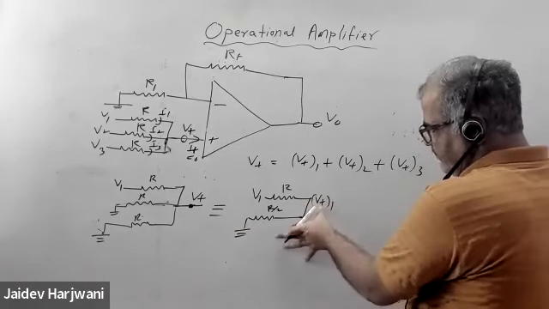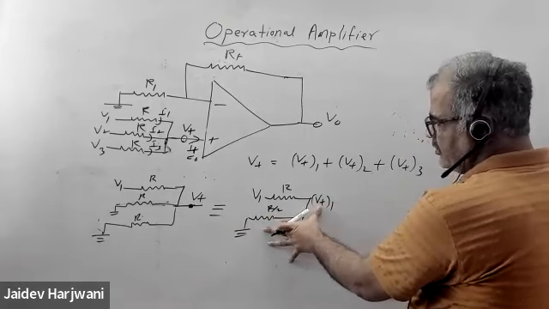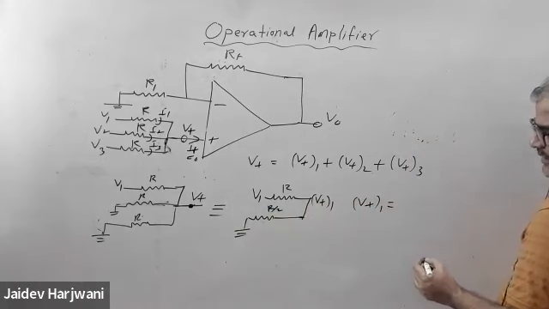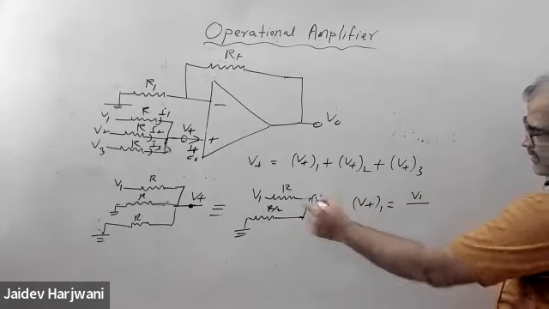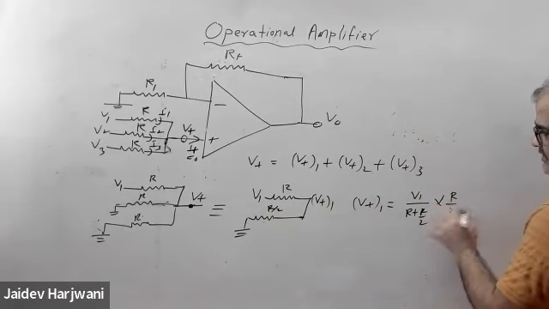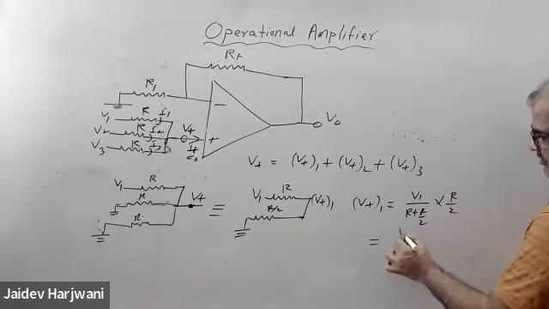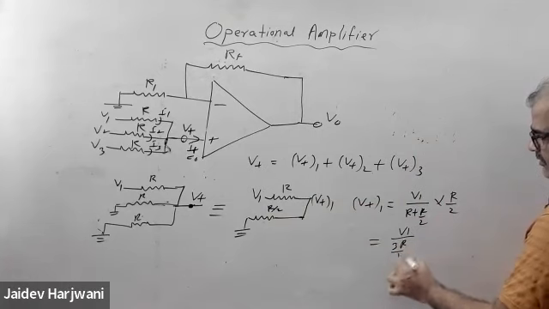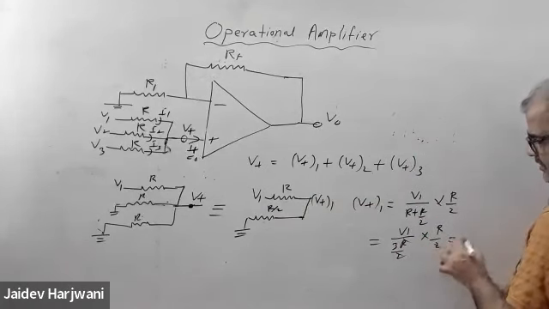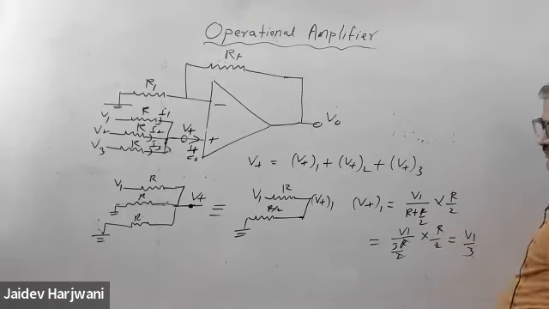Now V plus 1 is simply the voltage across R by 2. So the current is V1 upon R plus R by 2, into R by 2. This will come as V1 upon 3R by 2 into R by 2. R cancels, 2 cancels. So simply V1 by 3.